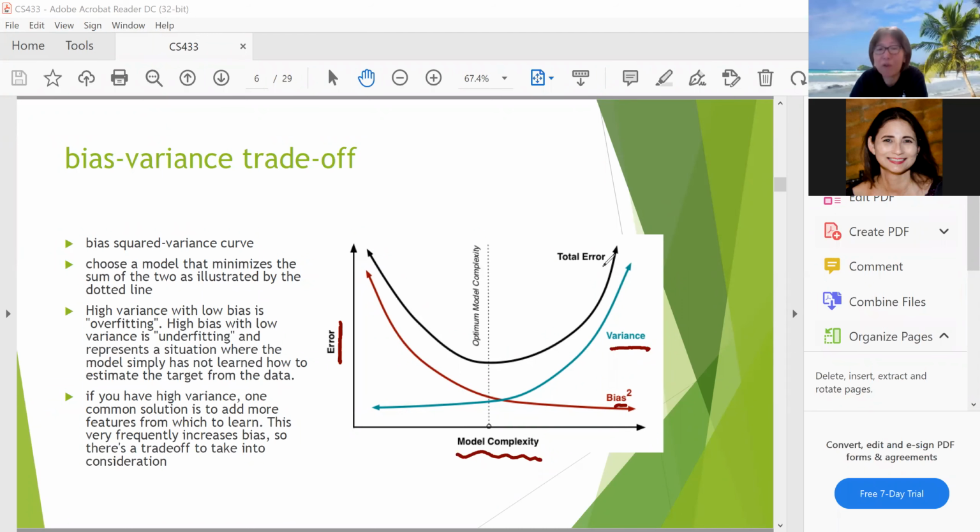And the model complexity can be like more features. If you recall previously, to have more features, you can manually introduce polynomial terms.